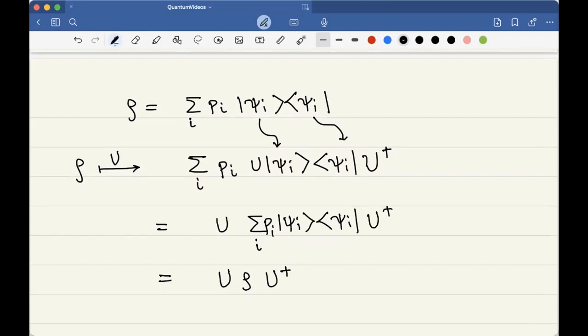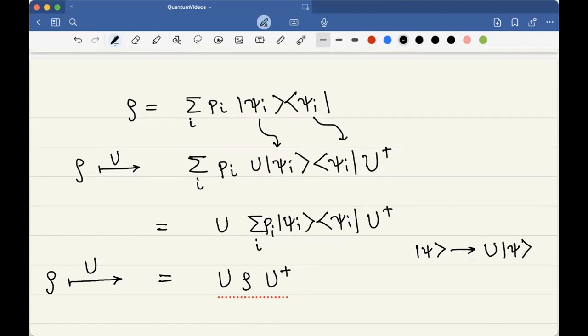So the time evolution of the density matrix rho will happen in this fashion. In general, for pure states, ket psi goes to U ket psi. For a density matrix, rho will go to U rho U dagger.